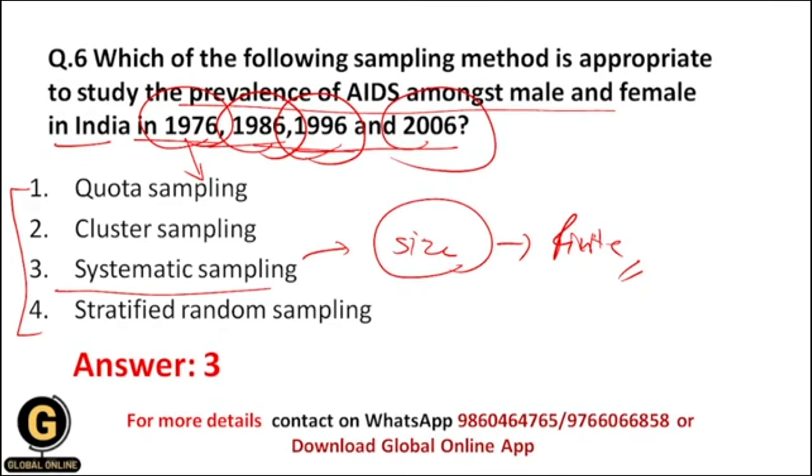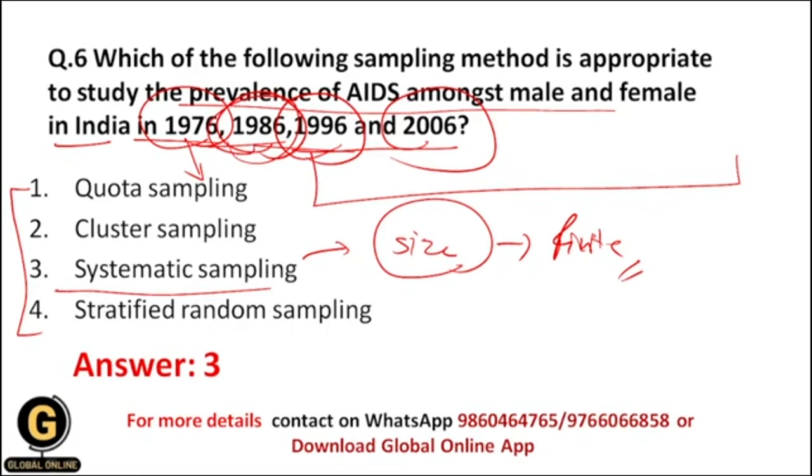The researcher over here now makes a group of people, okay, and he will categorize all the target population into different intervals. So he will first make the intervals of year 1976, then he will make the intervals of year 1986, of 1996 and of 2006.